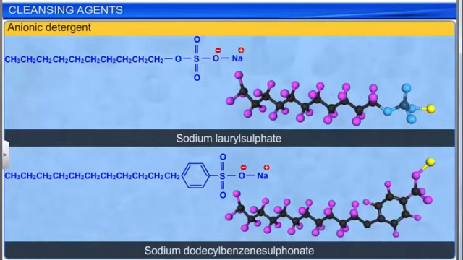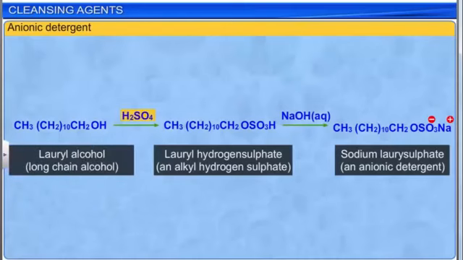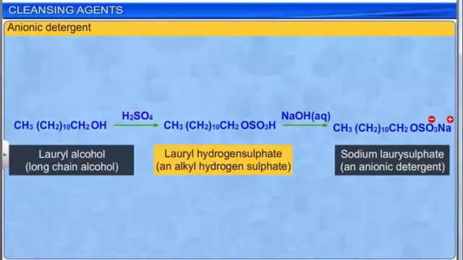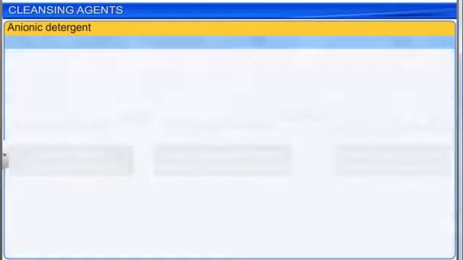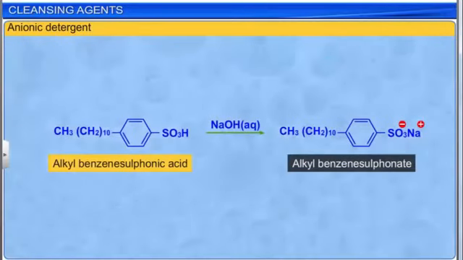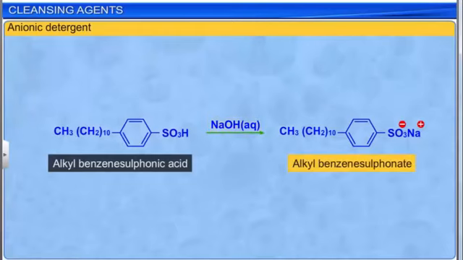Anionic detergents are sodium salts of sulfonated long-chain alcohols of hydrocarbons. Treating long-chain alcohols with concentrated sulfuric acid yields alkyl hydrogen sulfate. Neutralizing alkyl hydrogen sulfate with an alkali gives an anionic detergent. Similarly, alkyl benzene sulfonic acids, on being neutralized with an alkali, yield alkyl benzene sulfonates as shown in the reaction here.